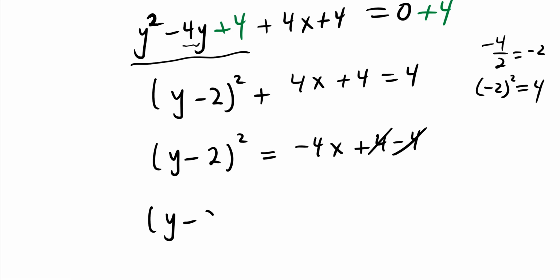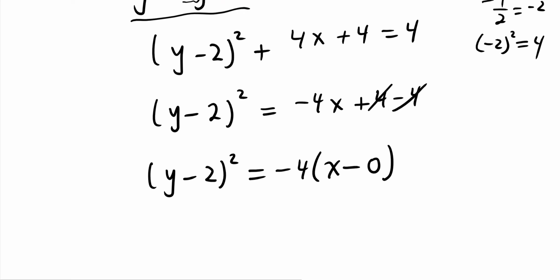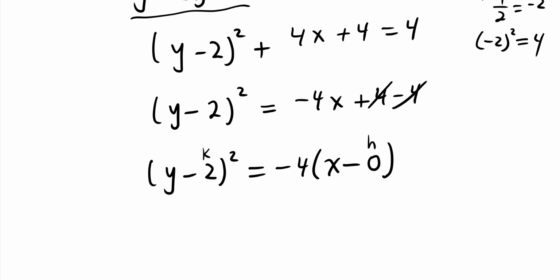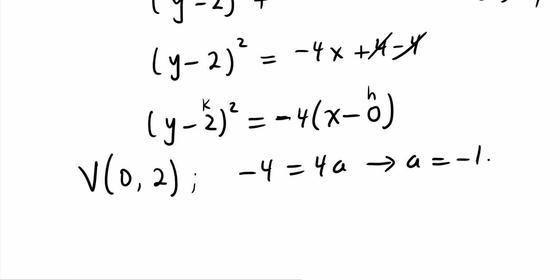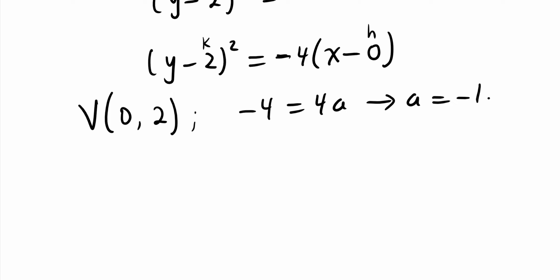So this can be rewritten as negative 4 times x minus 0. So this is the h, this is the k. So the vertex is h comma k. And also we got negative 4 equals 4a. So a is negative 1 here. A is negative 1.